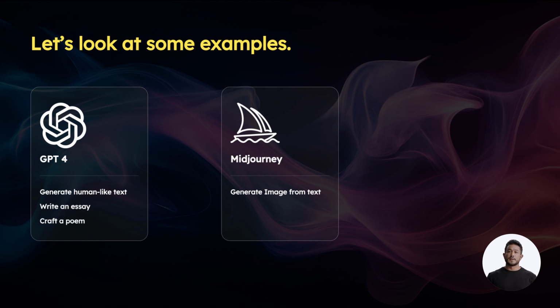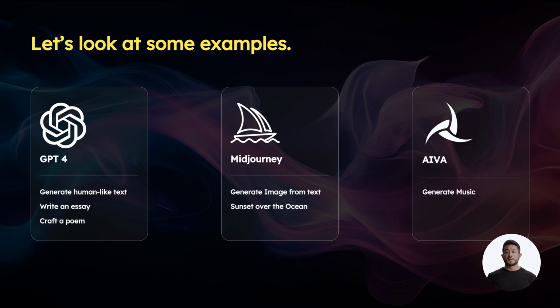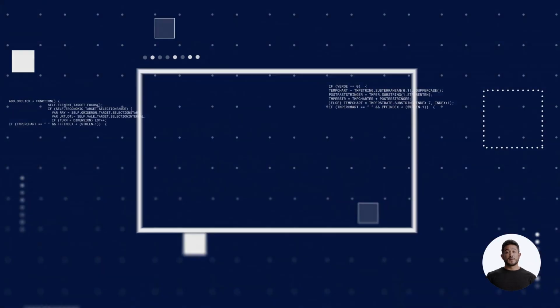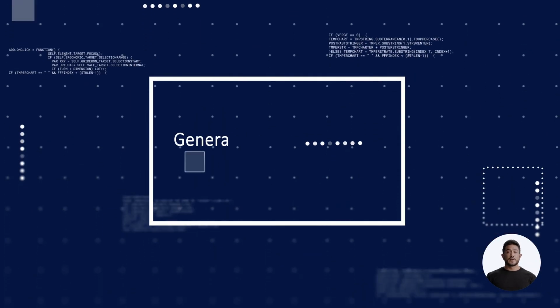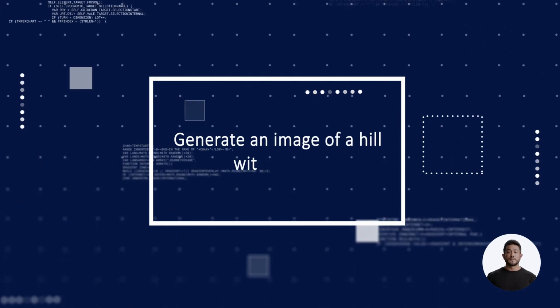Imagine typing out a scene, say, a sunset over the ocean, and having the AI create a beautiful image based on that description. And it's not just limited to text and images. Tools like AIVA can even compose music, creating new melodies and harmonies based on what it's learned from analyzing existing music. The real magic of generative AI lies in its ability to understand and replicate complex patterns.